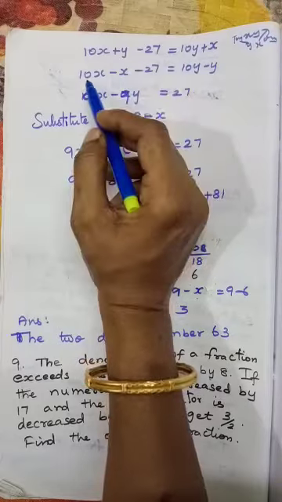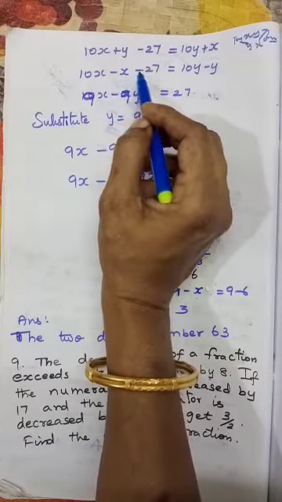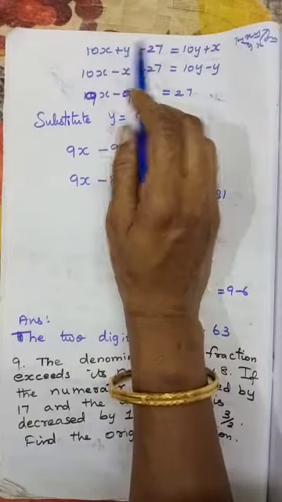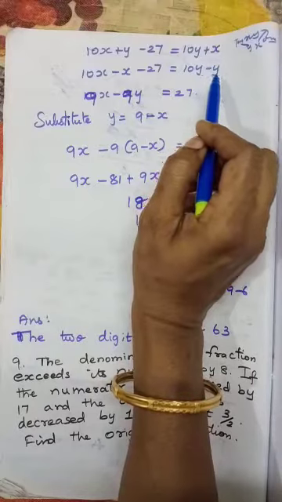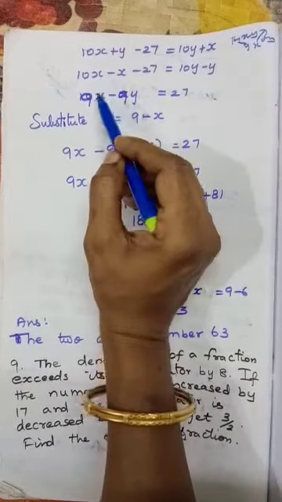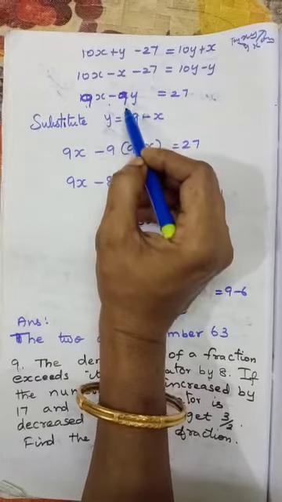Now 10x, bring the x this side, it becomes minus x. Minus 27 is equal to 10y. The y comes this side, minus y. Now 10x minus x is 9x, minus 9y.